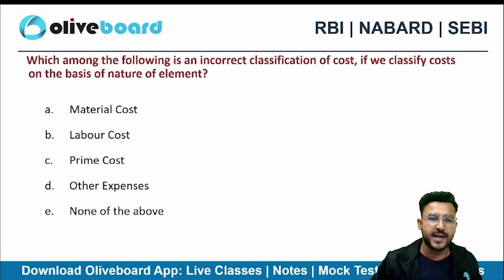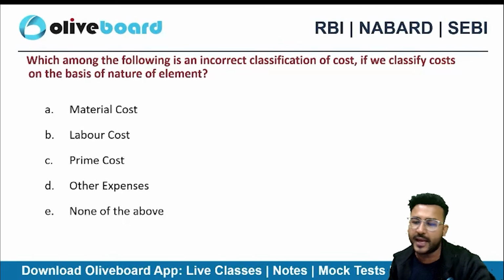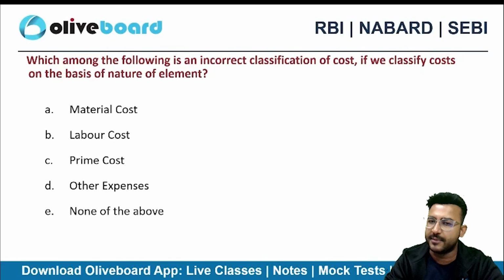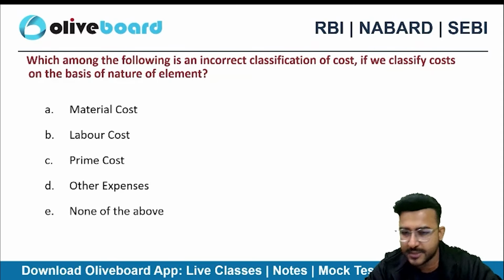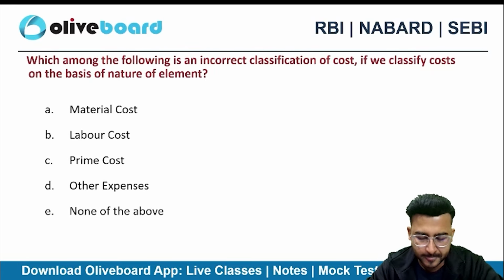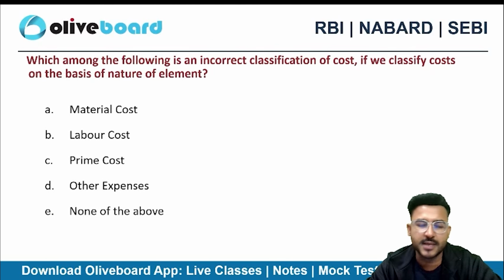Next one. Which among the following is an incorrect classification of cost? If we classify it on the basis of nature of elements, which of the following will be an incorrect classification here?